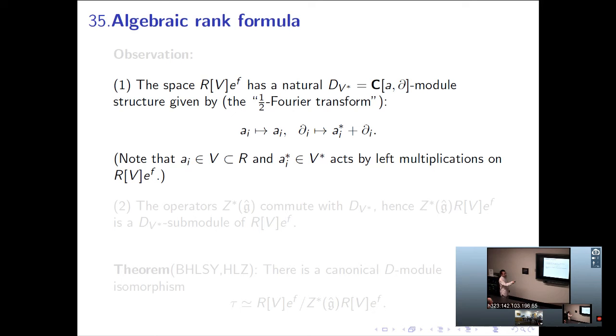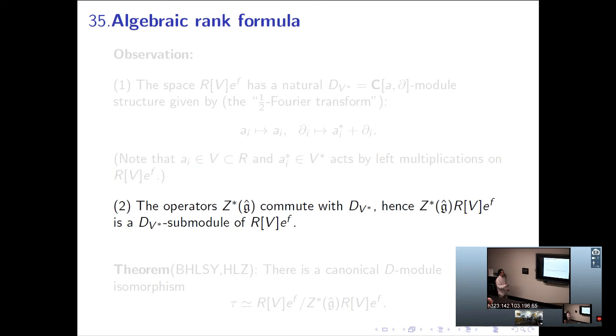What is f again? F is a universal section of L. Oh, so we rewrite every homogeneous coordinate by multiplying by e to the f. I guess I don't know what you're doing. Maybe I'll tell an example in a moment.